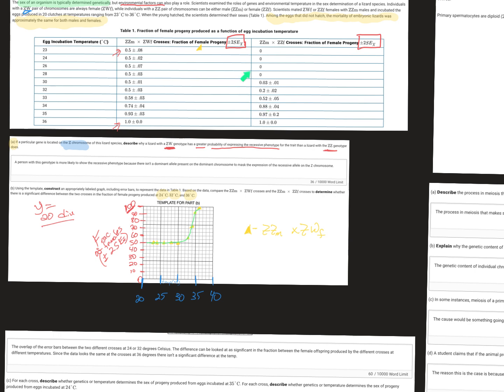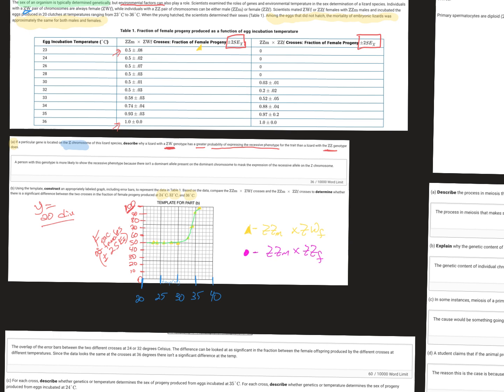Now I'm going to go ahead and do the same thing with the other graph, ZZ males and ZZ females. So I'm going to have a different color, obviously. That's pink. Let's choose pink, and I'm going to use a circle instead of a triangle. And that's ZZ males crossed with ZZ females.